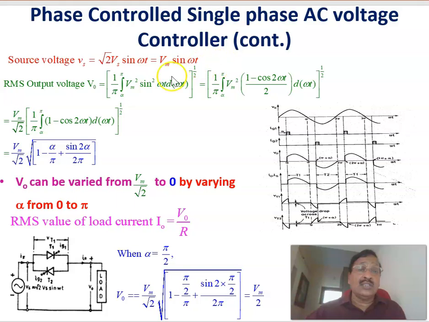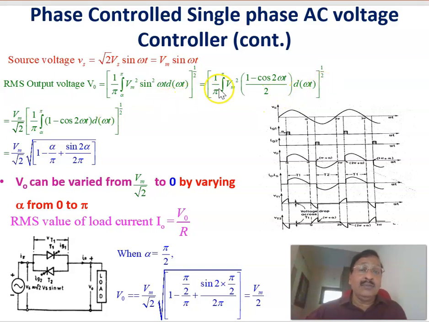Therefore, the RMS value of this voltage is the square root of 1 by pi integral alpha to pi of Vm square sin square omega t. If you derive this, sin square omega t equals 1 minus cos 2 omega t divided by 2, d omega t.